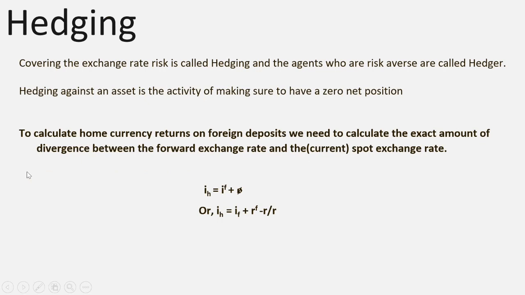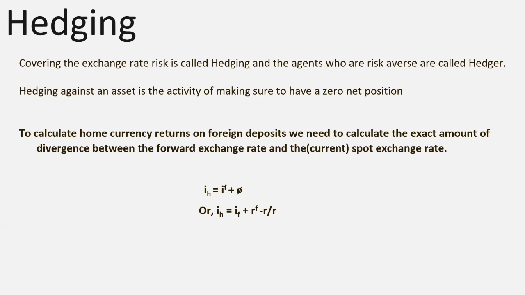As we know, due to exchange rate volatility, investors face some risk in import and export payments that are made in foreign currencies. They always try to cover that exchange rate risk, and covering the exchange rate risk is called hedging, and the agents who are risk averse are called hedgers.